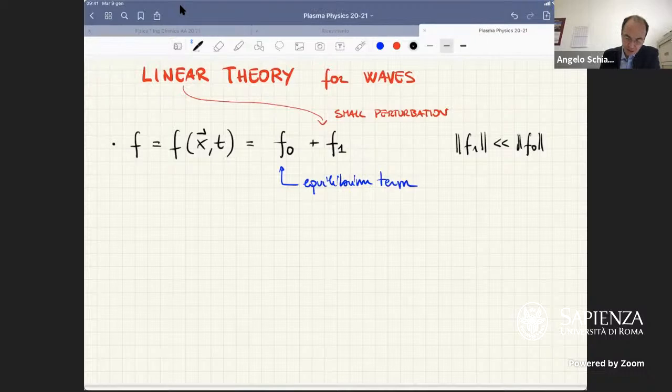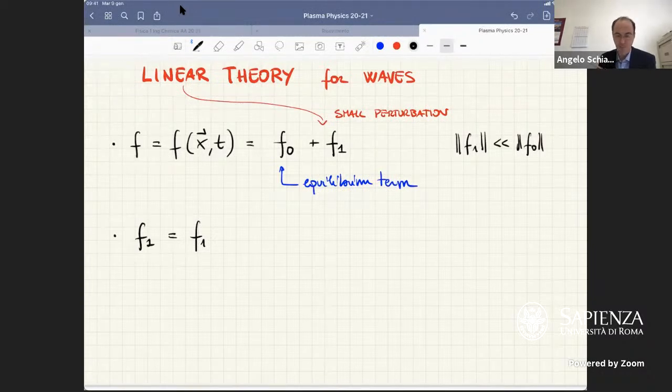Second ingredient is we express the perturbation using the Fourier transform notation. So for us, the perturbation will be F1. It's going to be an amplitude, F1, which is going to be, for instance, a complex term as well.